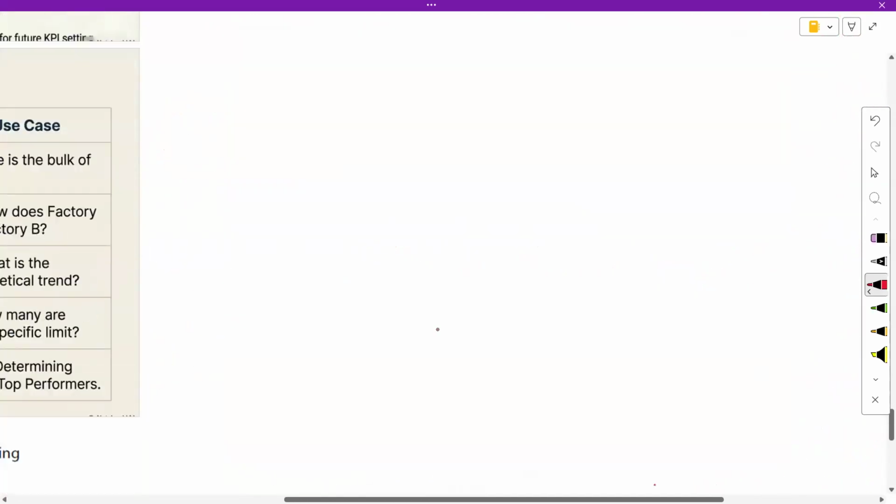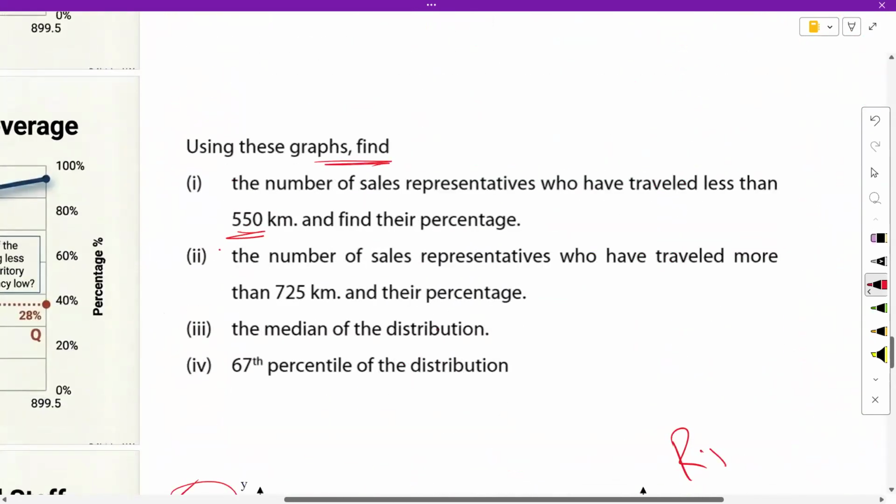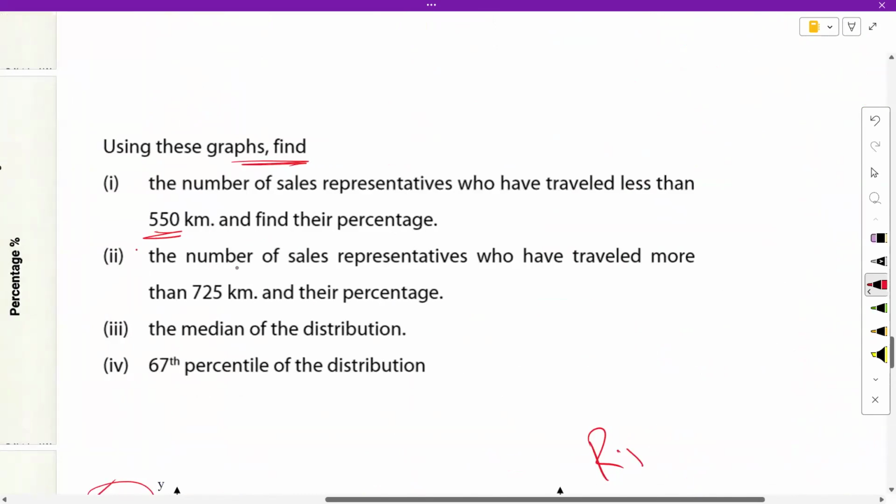I will give you an exercise. And the second: the number of sales representatives who have traveled more than 725. What's the question? The number of sales reps who have traveled more than 725.